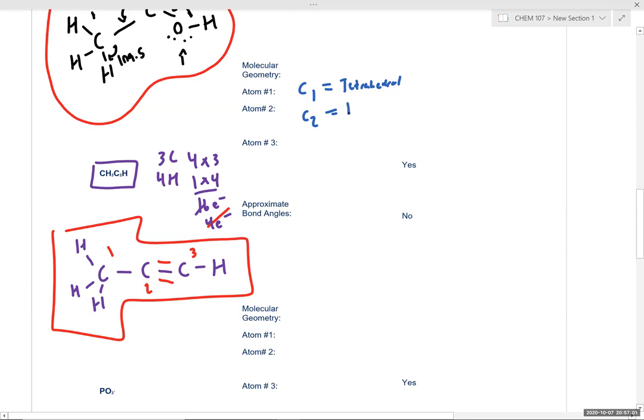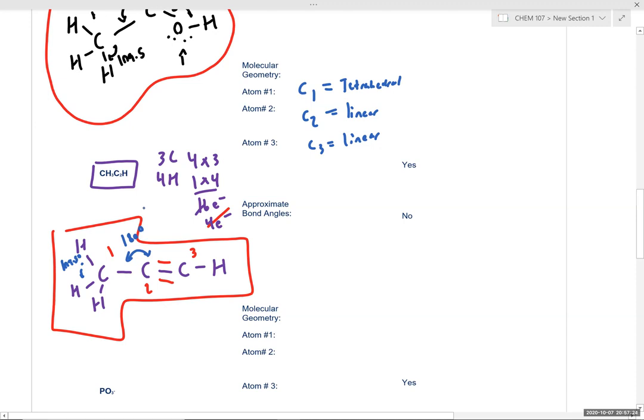It is linear. Yep, exactly right. And carbon 3 would also be linear. So for our bond angles, for tetrahedral, we know it's about 109.5 degrees. What about for linear? What's the bond angle for linear? 180. 180, exactly right.